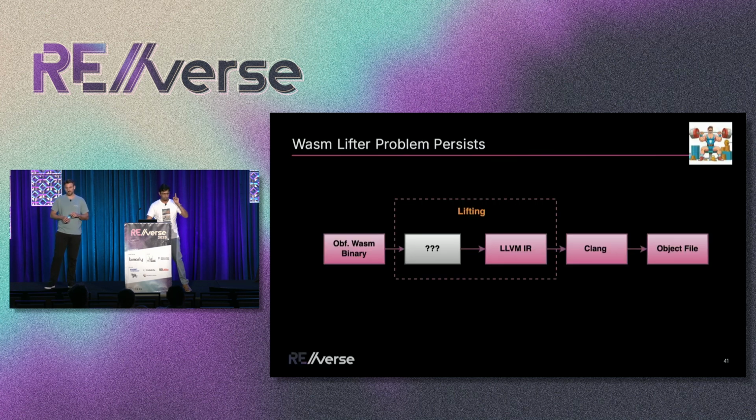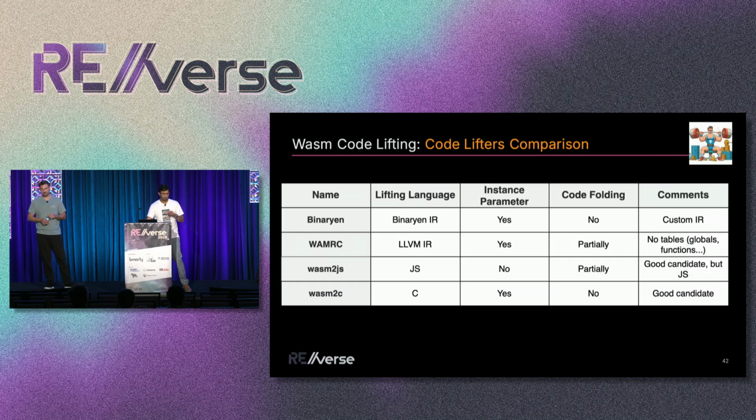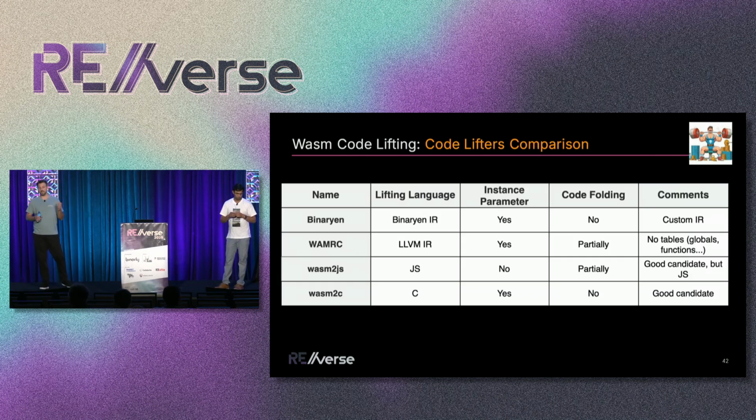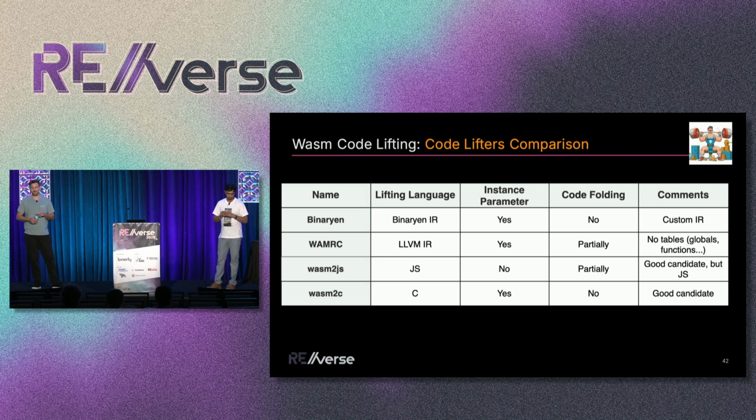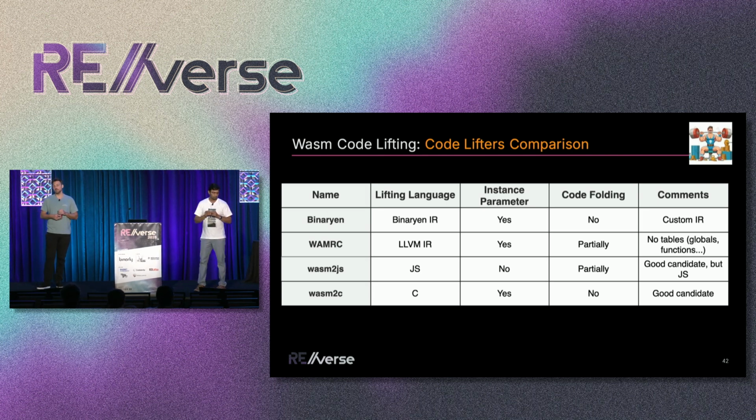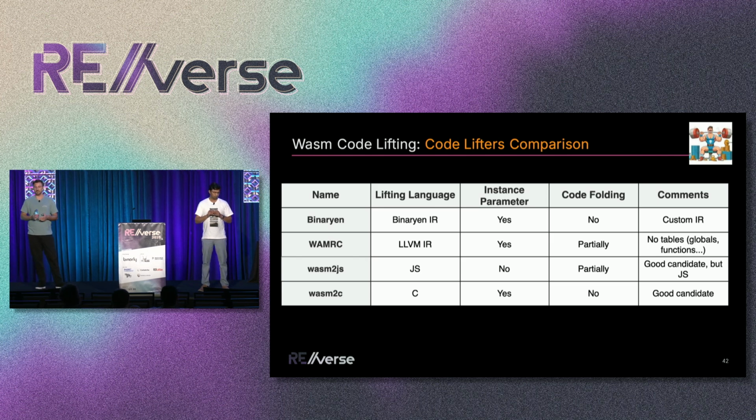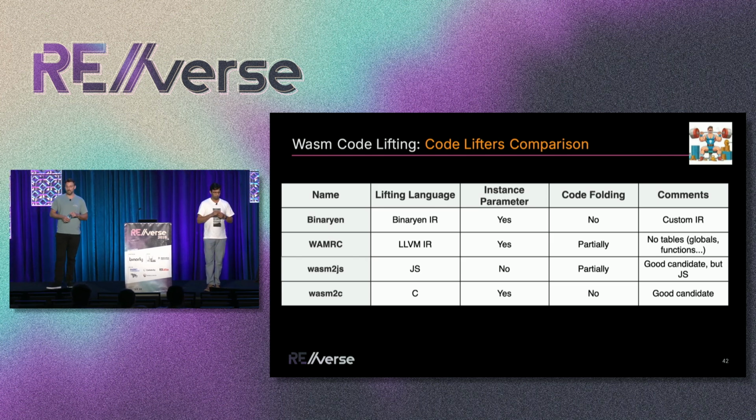We still had the question of what to do. We looked at basically all the lifters out there. As Vikas mentioned, Binaryen has its own IR, the Binaryen IR. We don't want to write our own optimization passes; we want to rely on what's there. The code was not folding, surprisingly. At this point we didn't understand why, but we didn't care, so we moved on.